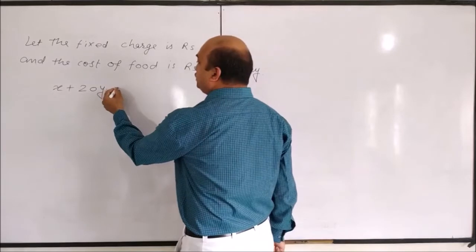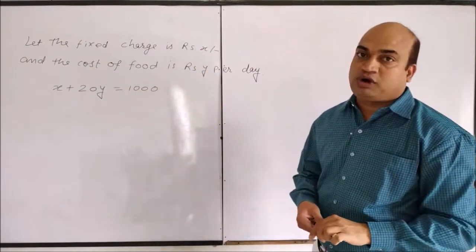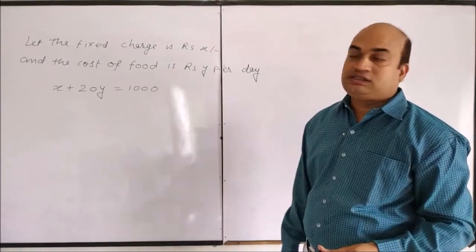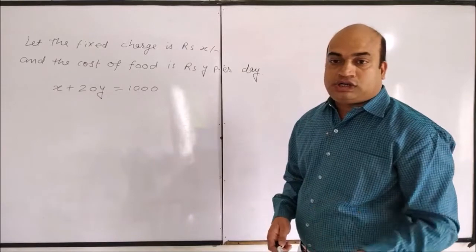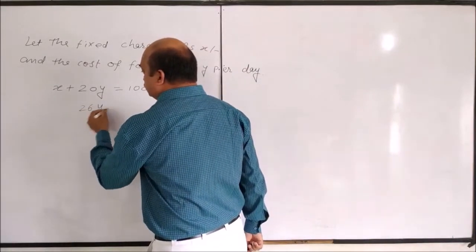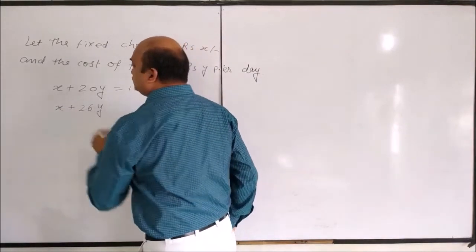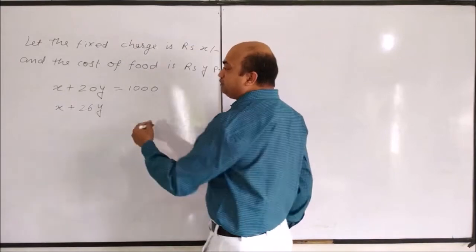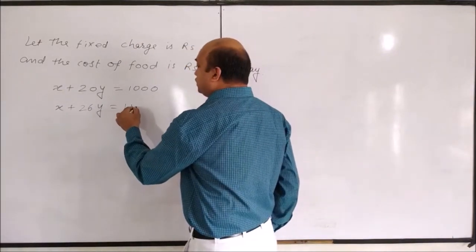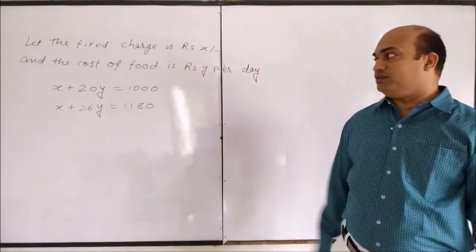So X plus 20Y is equal to 1000. 1000 is the amount one has to pay if he takes food for 20 days. The other person takes food for 26 days, so he has to pay 26Y rupees, and the fixed charge is rupees X. Then X plus 26Y is the total amount he has to pay, that is 1180 rupees. These are the two equations.